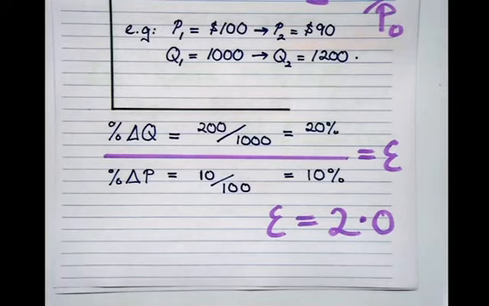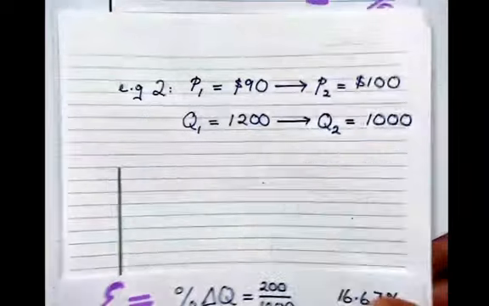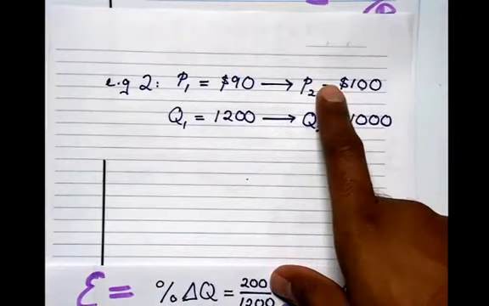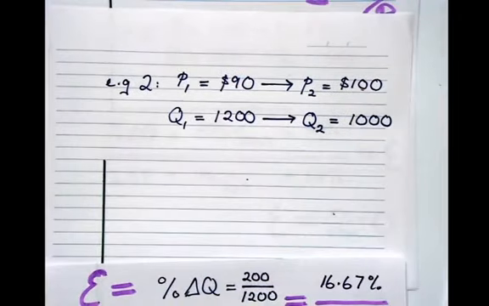Because if a $100 item becomes 90, what's the discount? 10%. If a $90 item becomes 100, what's the increase in price? 11.1%. Because it's 10 over 90, not 10 over 100 anymore.